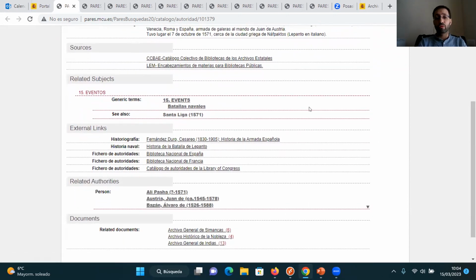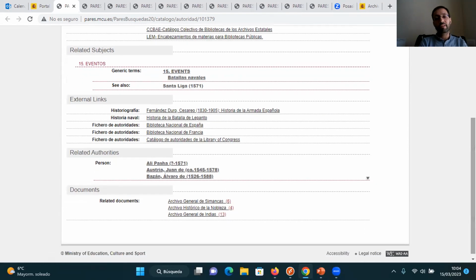We are trying to build a thesaurus of these concepts, events, etc. And for Batalla de Lepanto, the generic term will be, in Spanish, batallas navales, in English, naval battles. Sorry for my English.